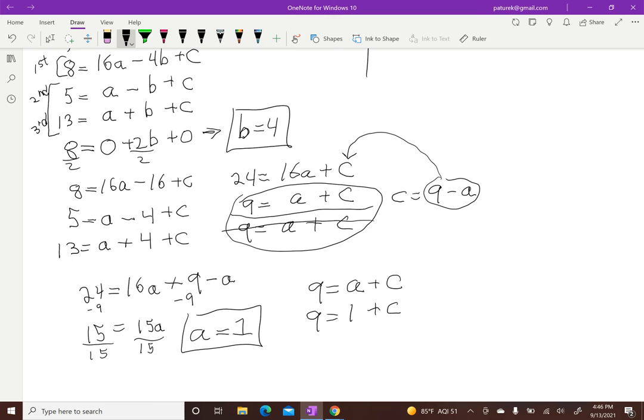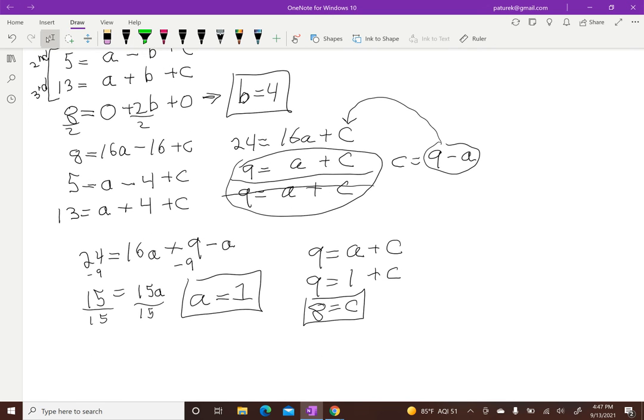When I subtract 1 from both sides, I have 8 is equal to c. As you can see, I'm now ready to write the equation of the parabola in standard form. Y is equal to x squared, because it's ax squared and a is 1, plus 4 times x plus 8.